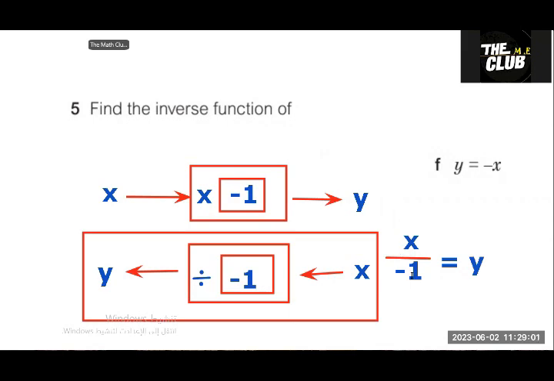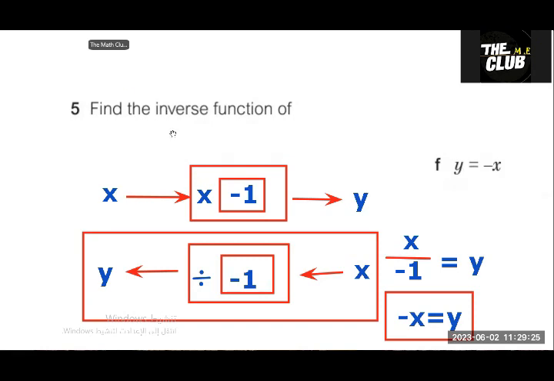Now, when you multiply any number by -1, it's going to be negative. So the answer will be -x equals y. And this is the inverse function of the function f. And you'll notice that the inverse function is the same as the first function.